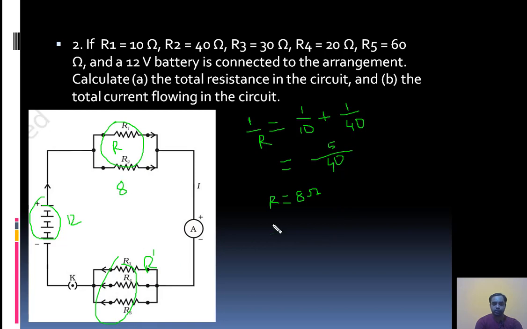Now we'll find out this one. 1 by R dash equal to 1 divided by R3. What is the value of R3 here? 30 plus 1 divided by R4, that is 20, plus 1 divided by R5, 60.